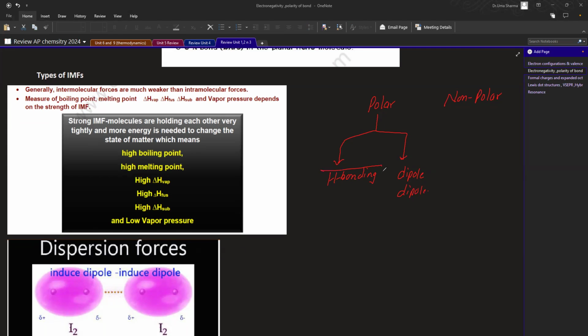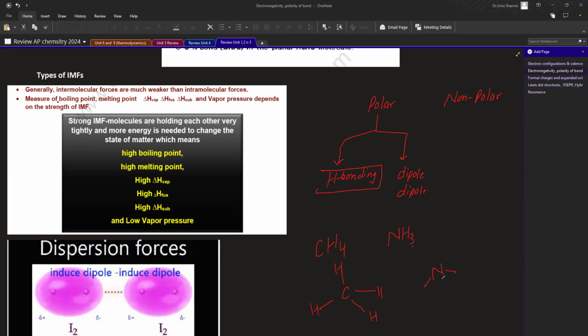For hydrogen bonding, I have given you the hint how to identify that there is hydrogen bonding. If I give you CH4 and NH3, CH4 is very symmetrical tetrahedral. So what kind of molecule is CH4? Polar or non-polar? CH4, non-polar.